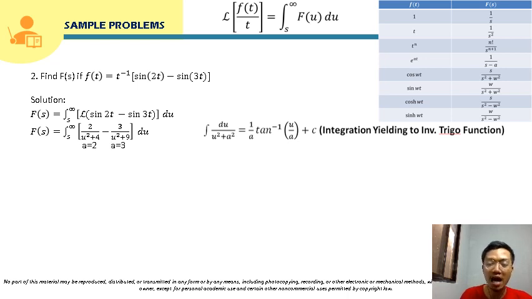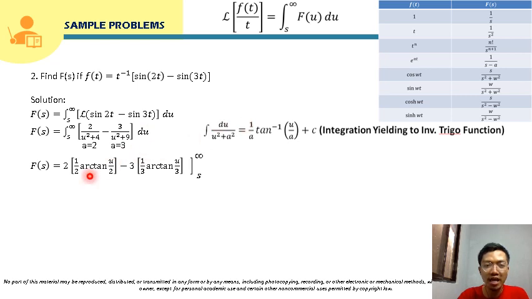Okay, so applying our formula, for the first one, the integral of this with respect to u will just be 1 over a. Our a here is 2, so 1 over 2. And then we just factor out 2 here, since this is a constant.